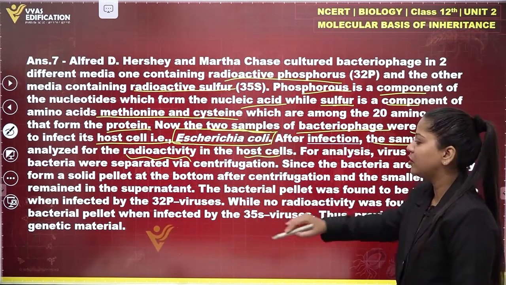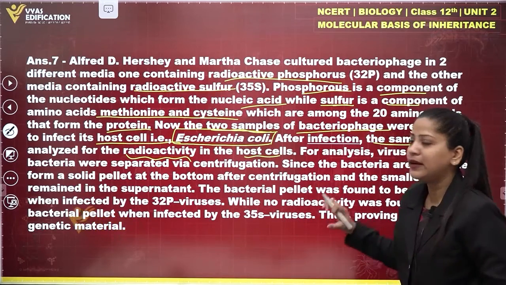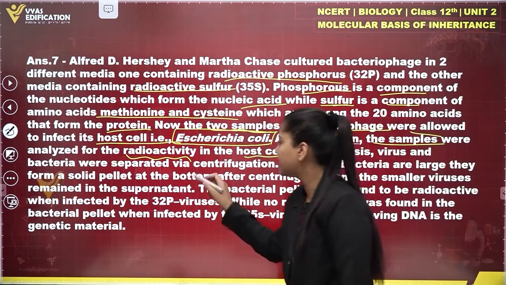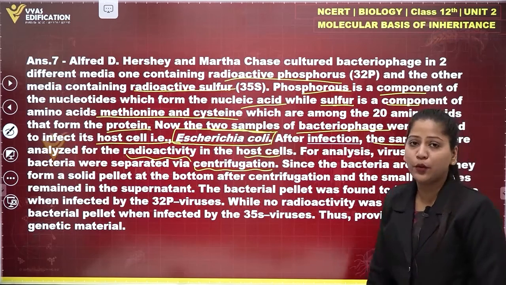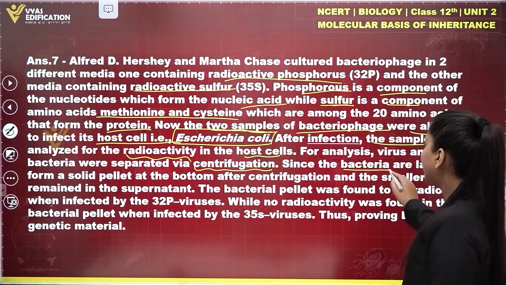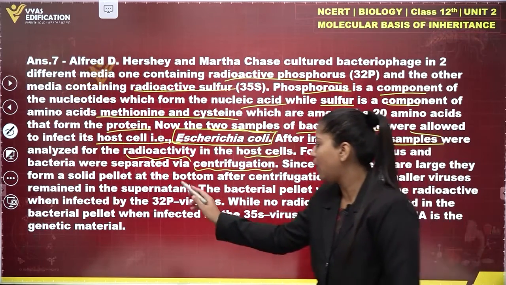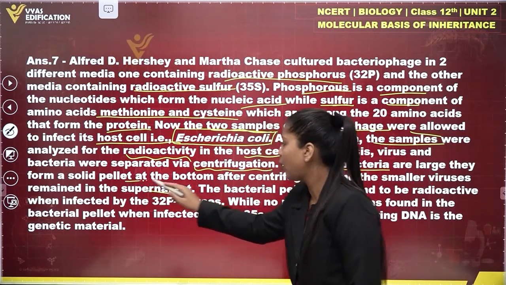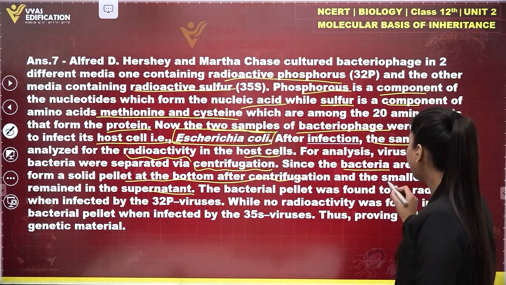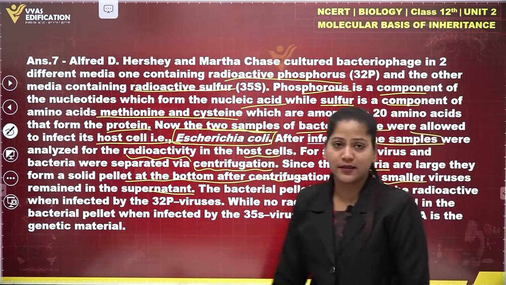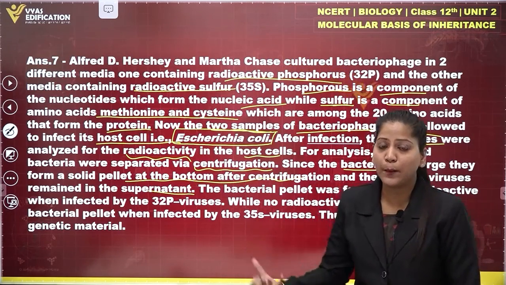After infection, the samples were analyzed for the radioactivity in the host cells. For analysis, they separated the bacteria and viruses via centrifugation. Since the bacteria are large in size, they form a solid pellet at the bottom after centrifugation, and smaller viruses remained in the supernatant.